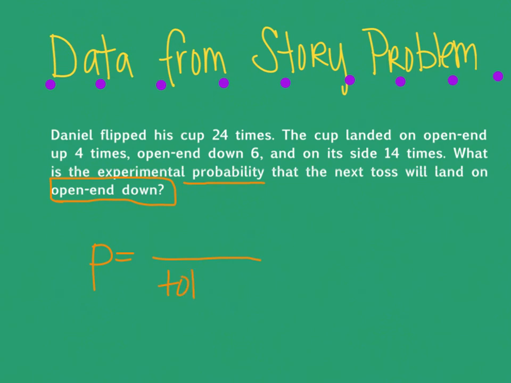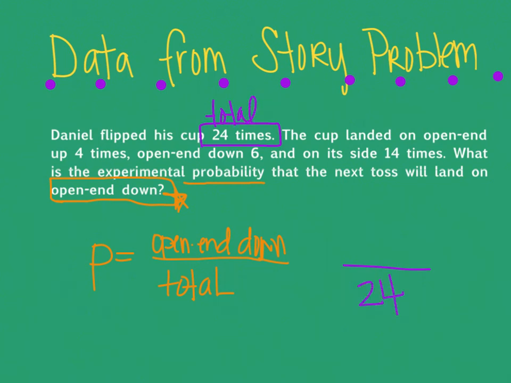I always have the total on the bottom. And then this one says I want to know specifically open end down. Then I would just simply go count to see. If it tells me the total, then I just use it. If not, I need to add them up.